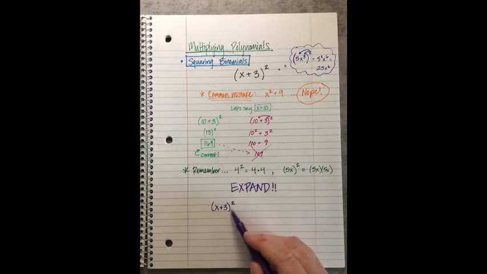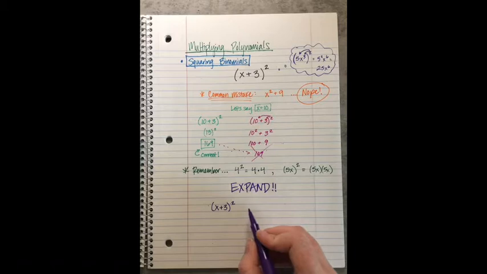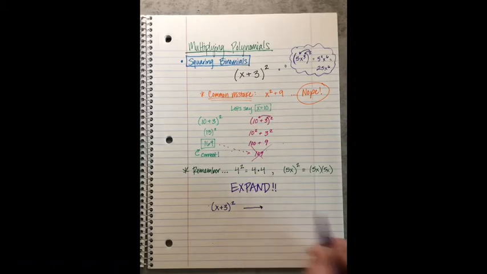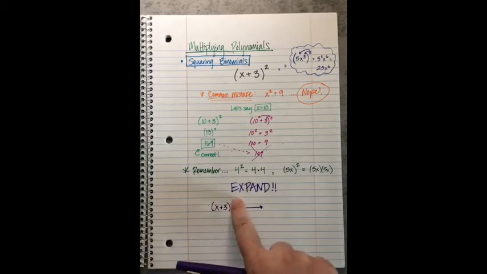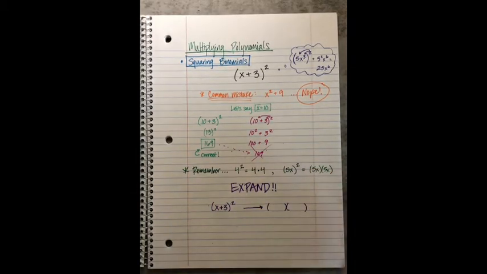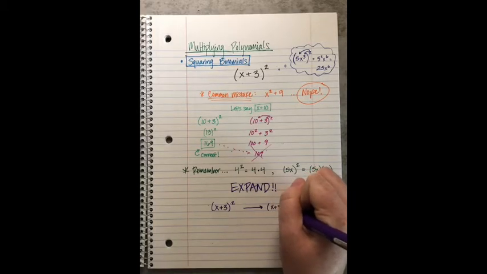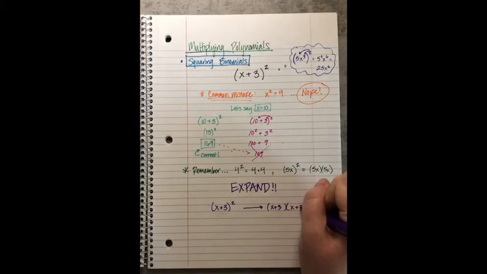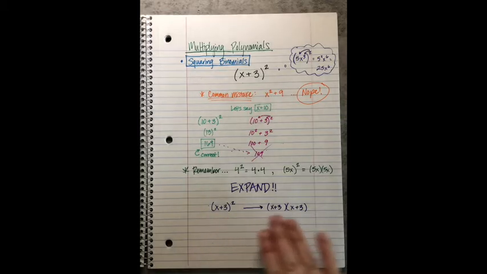This is exponential form because it contains an exponent. Now we have to expand it out. All of this stuff squared, I'm just going to multiply by itself twice. So I would have x plus 3 times x plus 3. These are exactly equivalent. They are the same thing.